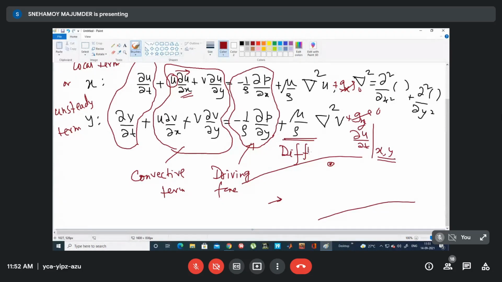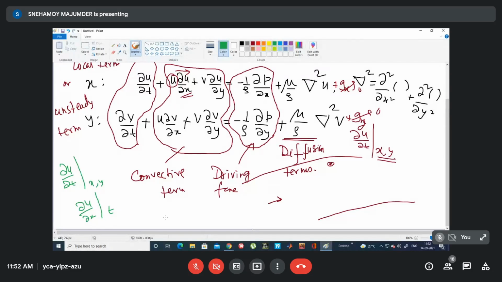Sure, I will say it. These terms: the local term, the unsteady term, the convective term. See, the local term is a partial derivative. Partial derivative means for del u/del t, I have x and y constant. For del u/del x, I have t constant.